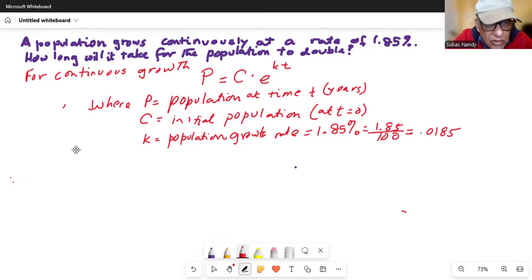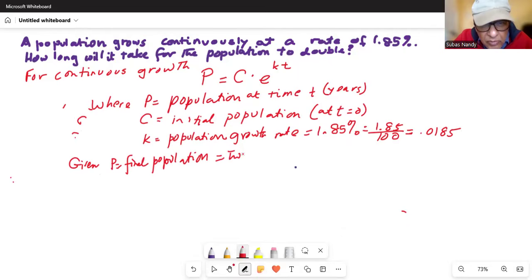So given to us, P, the final population, is double, twice the initial population.